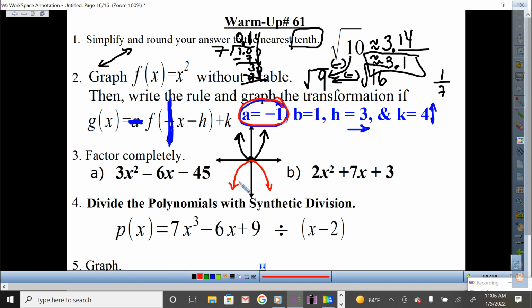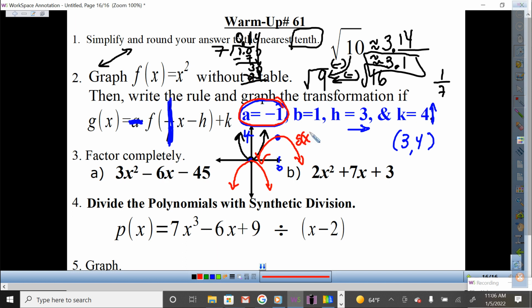Okay? So now that we have that, what is the last thing we're going to do? 3 to the right and 4 up. Or my new vertex is going to be 3, 4. That means instead of 0, 0, I'm going to be up here at 3, 4. And my parabola is going to look something like that.